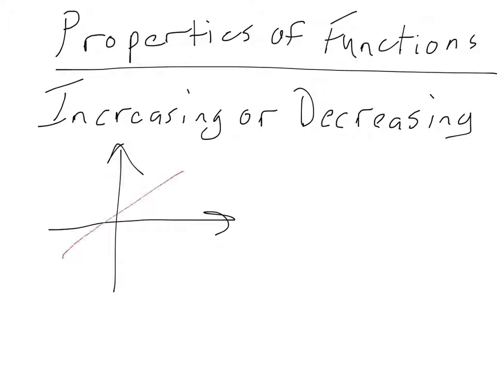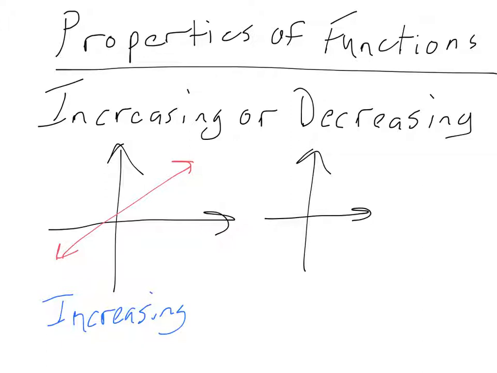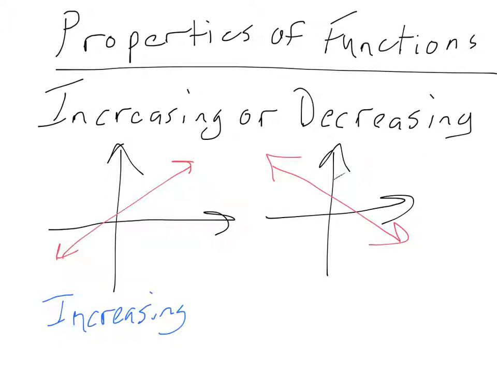So if I look at just a basic linear function like that one right there, I would say, because this function has a positive slope, this function is increasing. On the other hand, a function like this is decreasing.